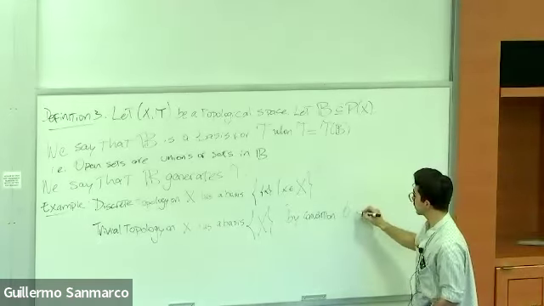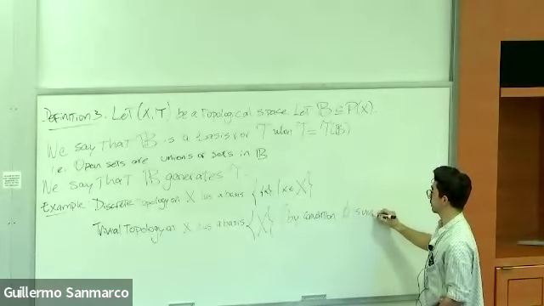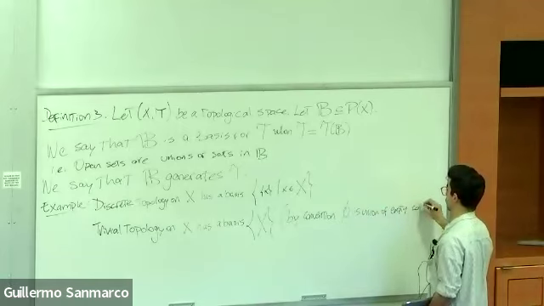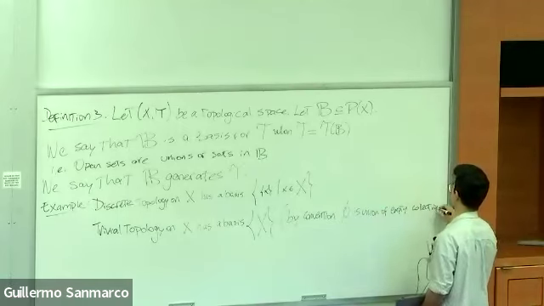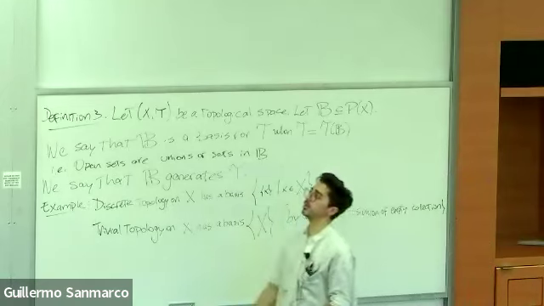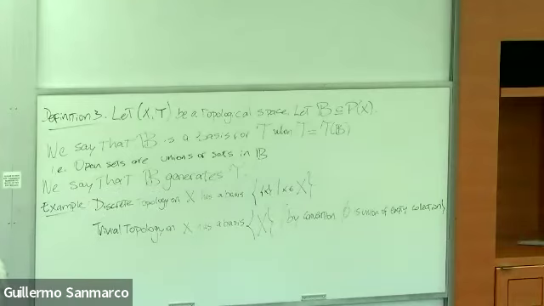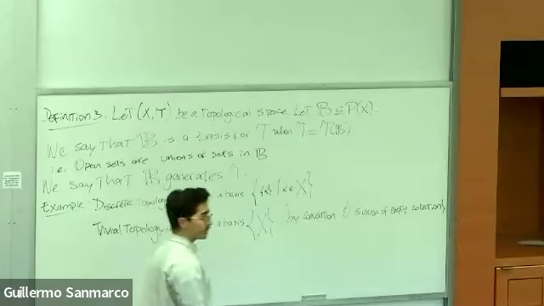So this is the union of the empty collection. So what I mean by this is my TB here always includes the empty set, because I assume the empty set is the union over the empty family. It's just a convention.